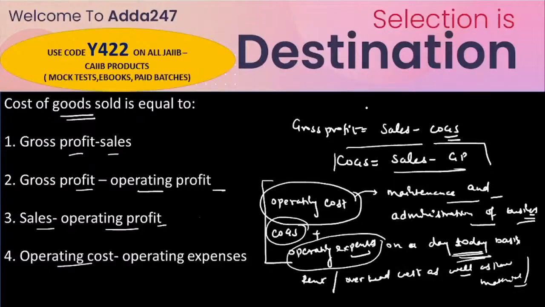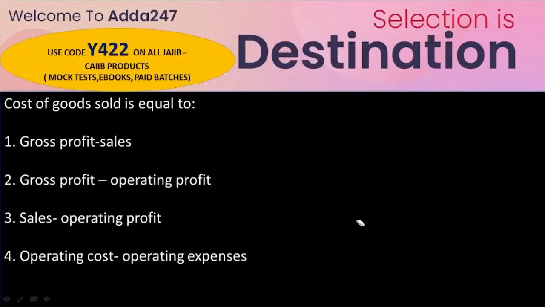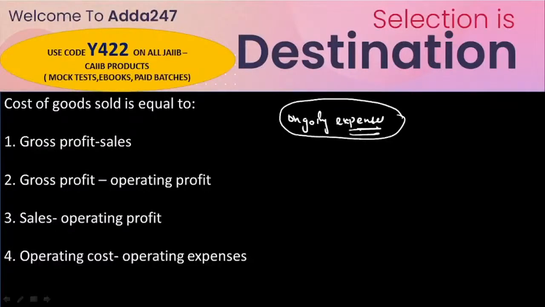So operating costs are the ongoing expenses incurred from the normal day-to-day running of a business. Whatever the ongoing expenses of running any company, that is known as operating cost.